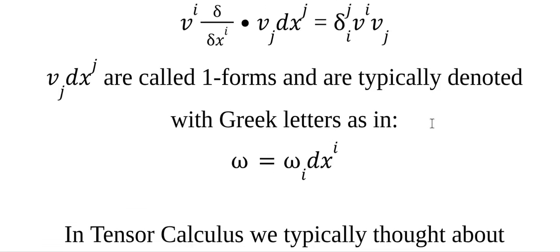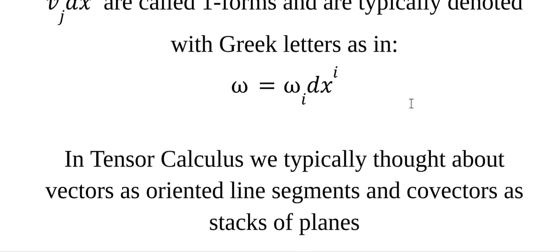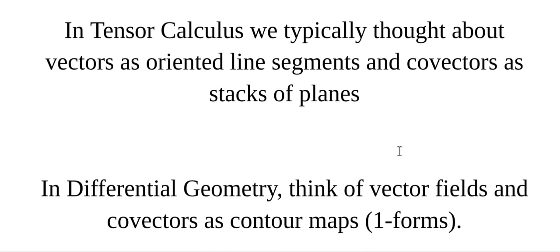Okay, in tensor calculus, we typically thought about vectors as oriented lines, as segments, and covectors as stacks of planes, right? So a vector would pierce some number of stacks of planes, and we've done that before. In differential geometry, we need to think of vector fields and covector fields.